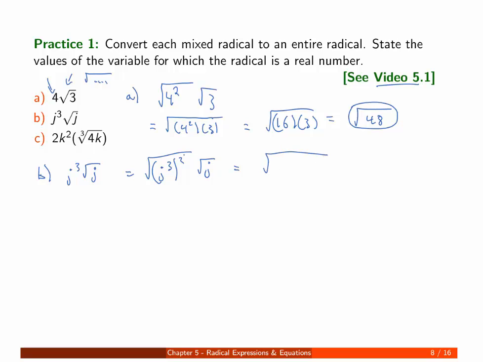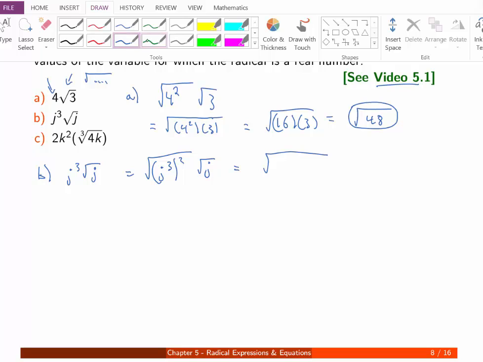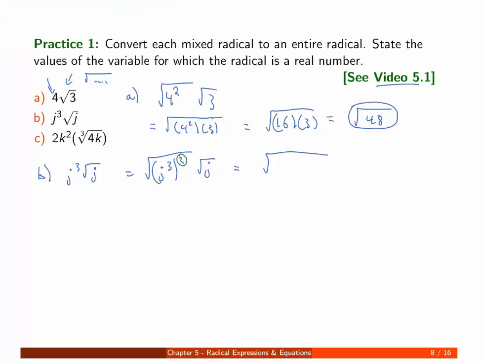I'm going to simplify this right away. When you square an exponent, you multiply. So that will leave me with j to the 6 times j, which is just square root j to the 7. My j's look very messed up, but no worries, that is a j.